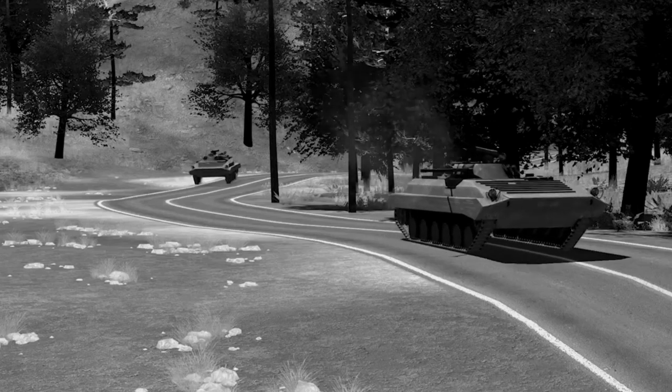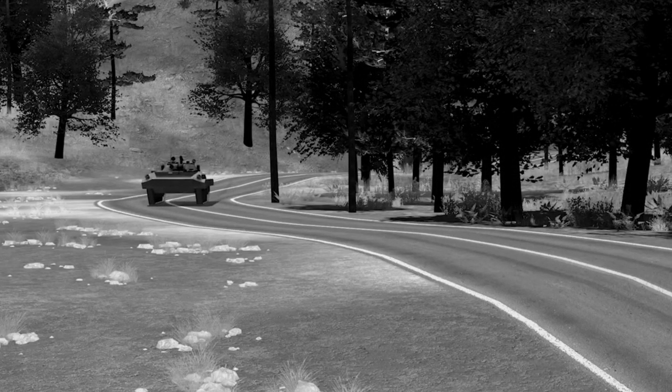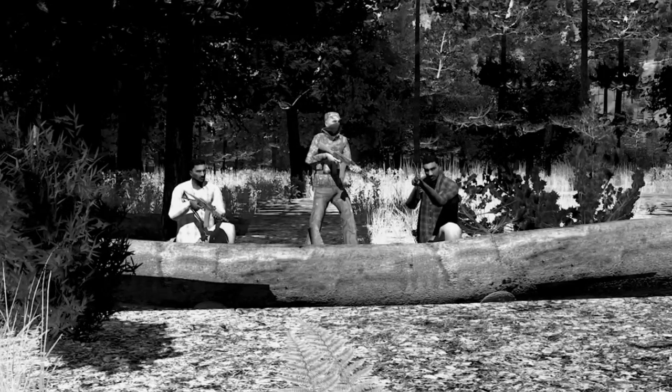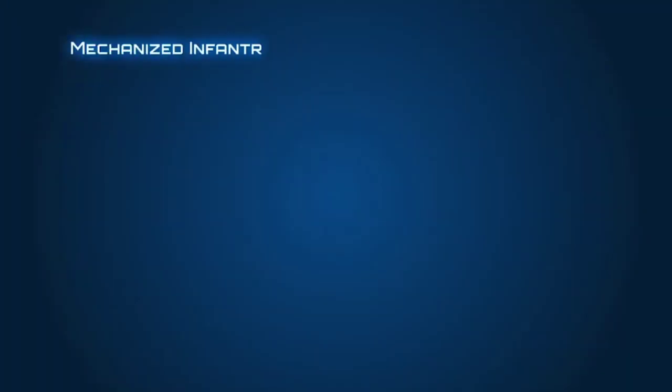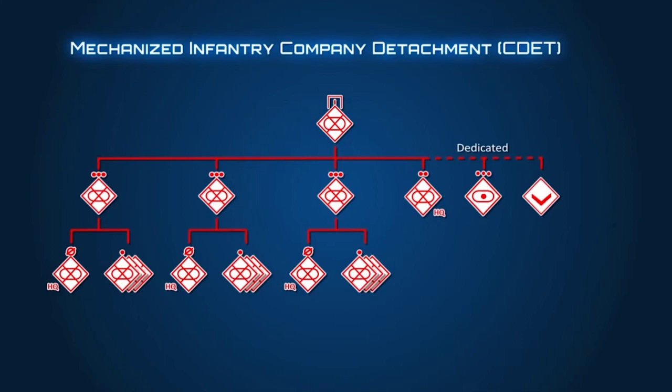The OPFOR Company Detachment, or CDET, is a mechanized infantry company with dedicated enabling elements from brigade and affiliated guerrilla elements. The CDET is functionally organized to conduct an attack to seize the northern bridge. The CDET has 9 squads and 10 BMPs.